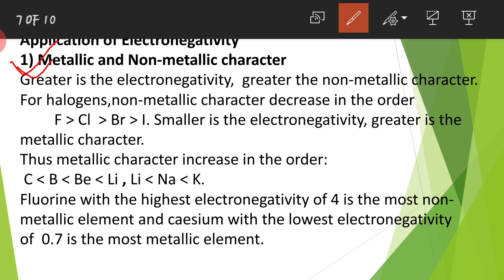Thus, metallic character increases in the order, in case of carbon, boron, beryllium and lithium: lithium is greater than beryllium, beryllium is greater than boron, and boron is greater than carbon.